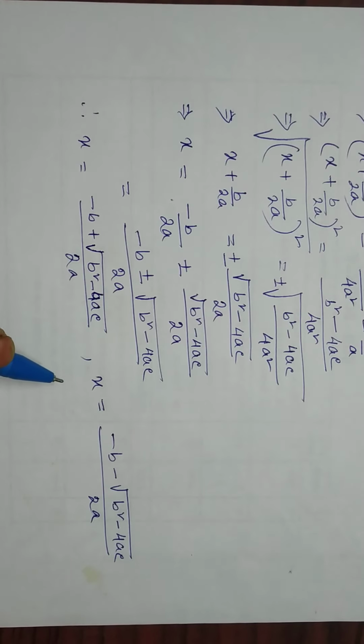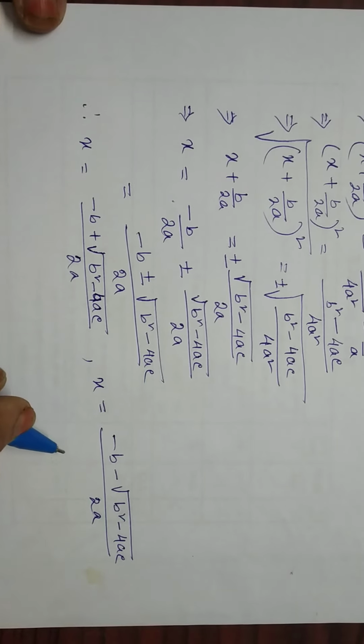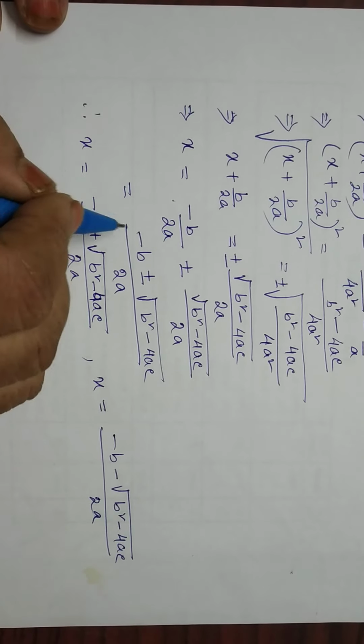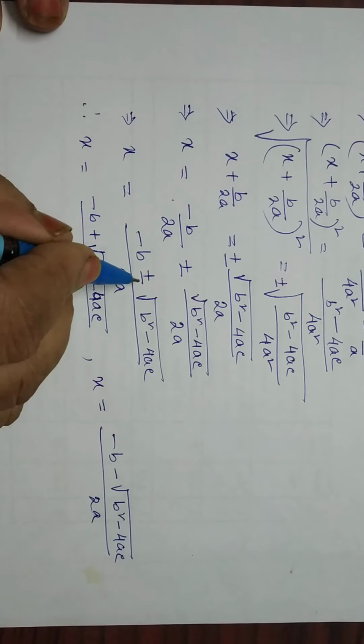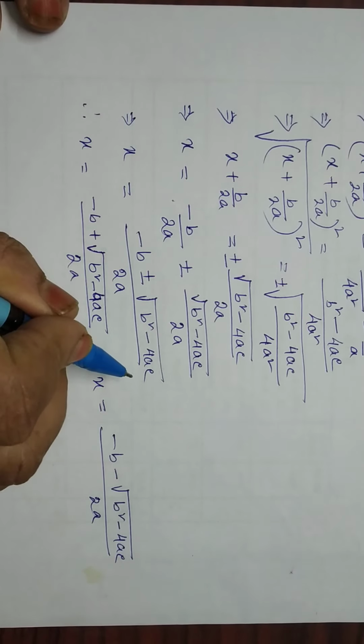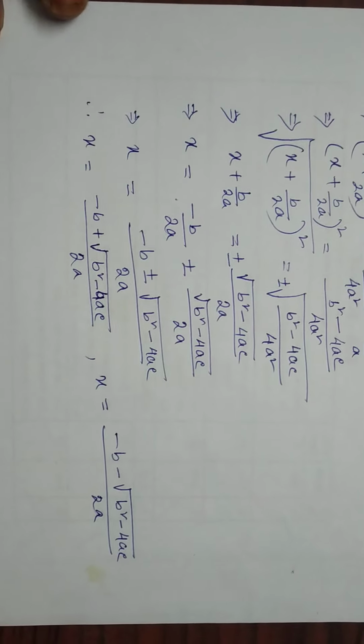This way we find the value of x by completing square method. And this x is equal to minus b plus minus root over b square minus 4ac by twice a, this is known as quadratic formula.